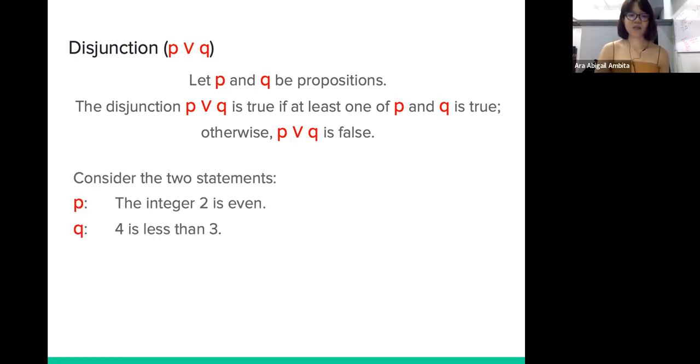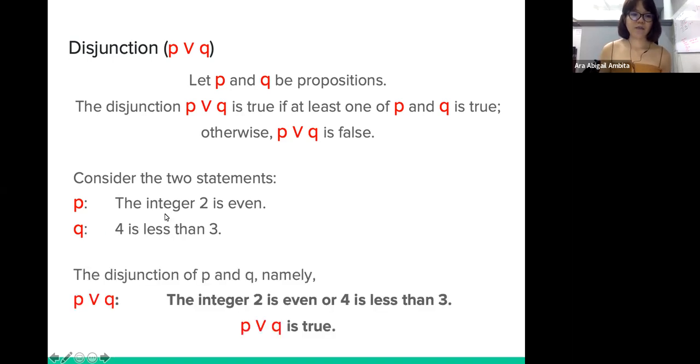So consider the two statements. Let P be the integer 2 is even. Let Q be 4 is less than 3. So P, the integer 2 is even, is true, and 4 is less than 3 is false, meanwhile. Okay, so the disjunction of P and Q, namely P or Q, where we are combining these two statements P, Q using the logical connective or, is true.